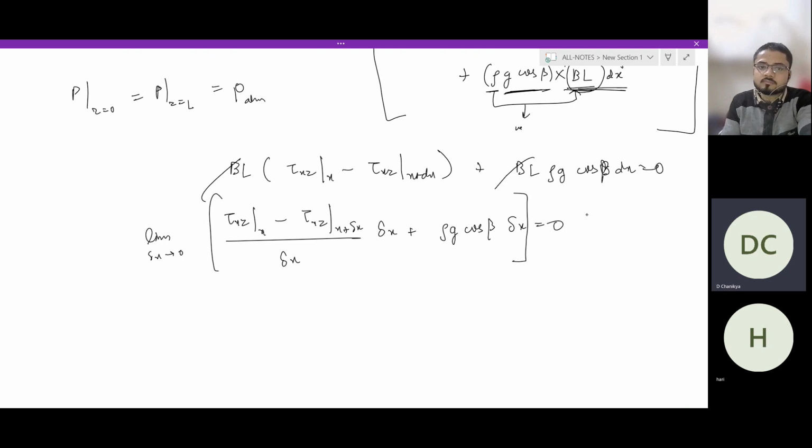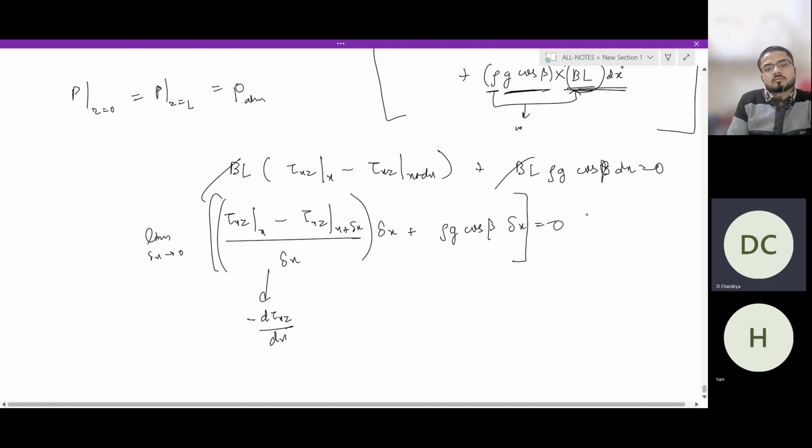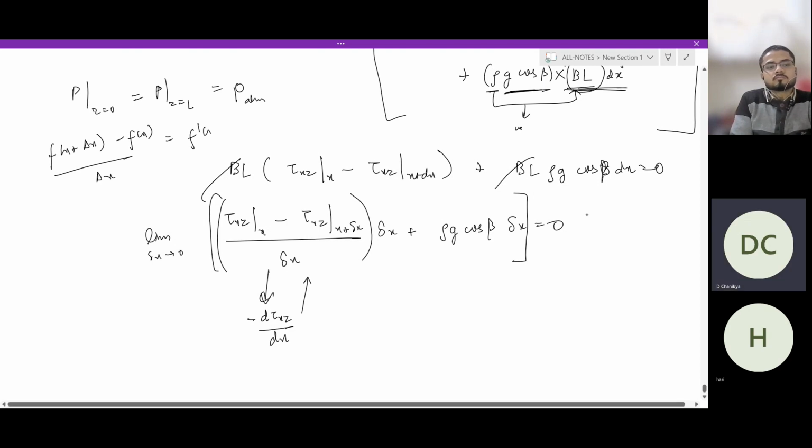Good. This is good enough, right? And once you have this, it just looks like d tau xz by dx, right? Yes. The first principle of derivatives: f of x plus delta x minus f of x divided by delta x equals f prime x, limit delta x tends to 0.